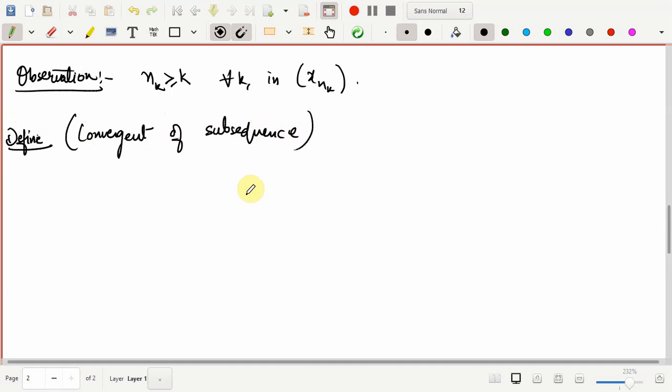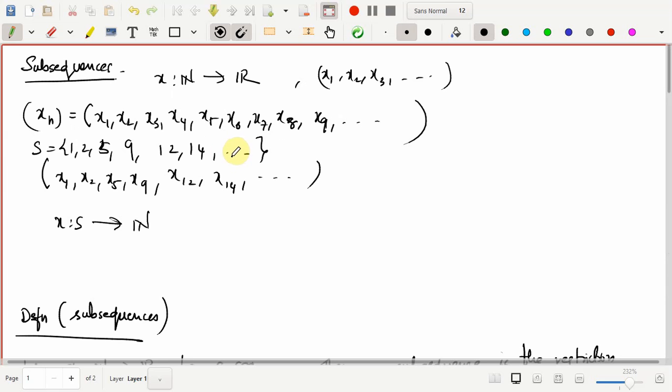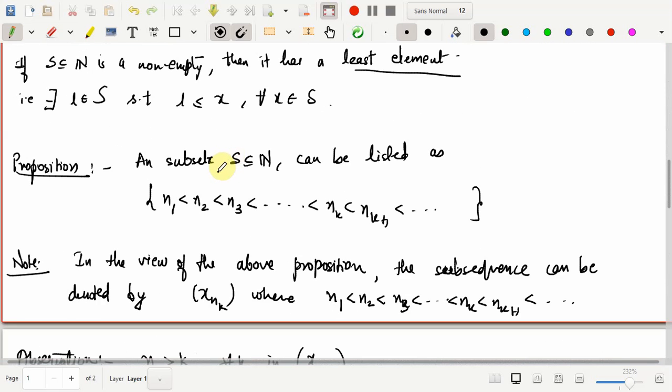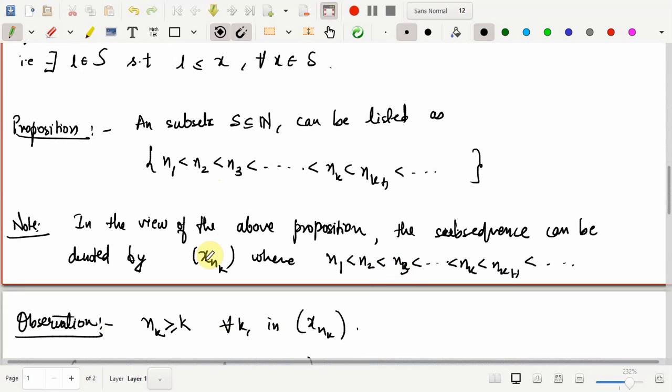Before I get into the definition, I will write the subsequence in this way: x_{n_k}, where n1, n2, n3, nk, and so on come from the set S to which the restriction is made. So it is understood from there itself what the set S is.